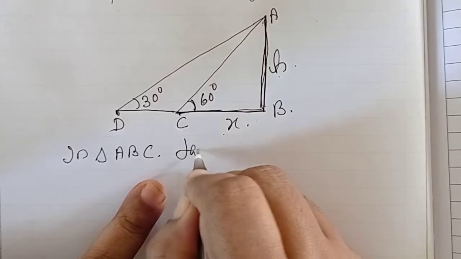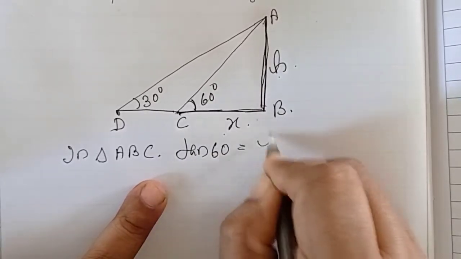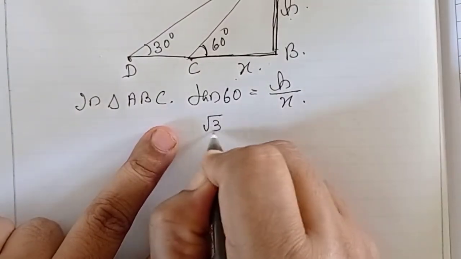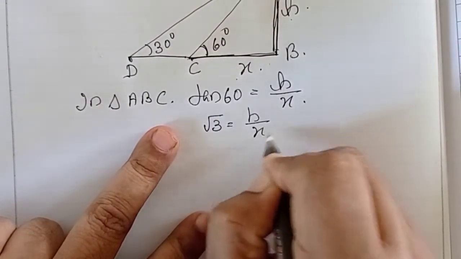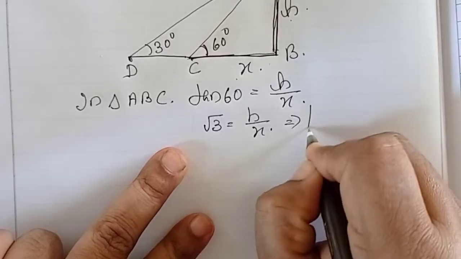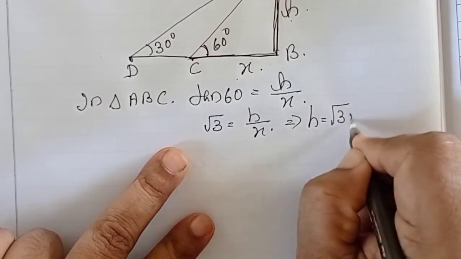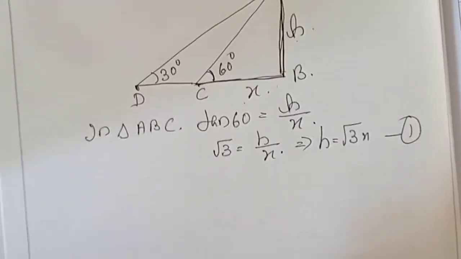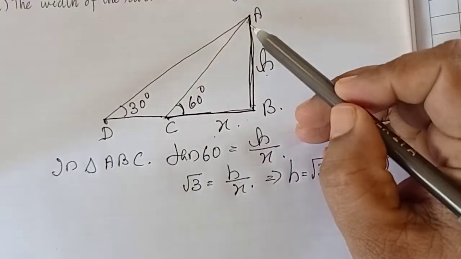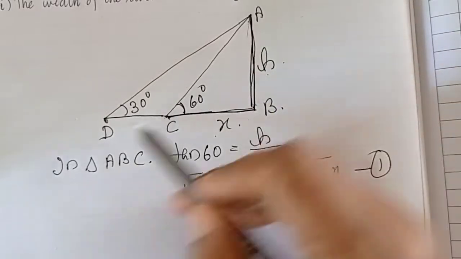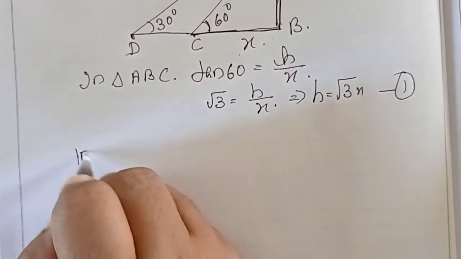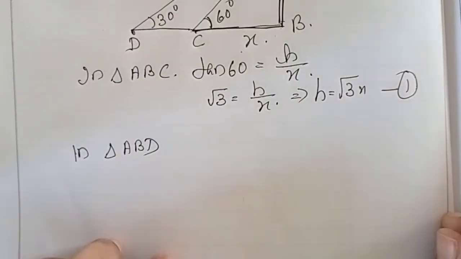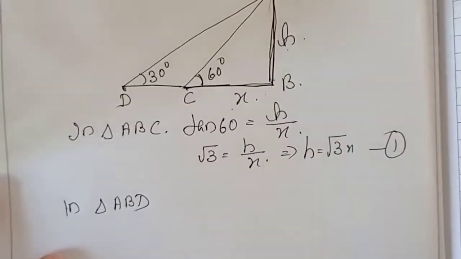Yes, tan 60 is equal to H by X. From that, root 3 is equal to H by X, from which H equals root 3 x. Put equation 1. Now, which triangle you have to take? Take the triangle ABD, right? In the triangle ABD, that is also a right angle triangle.